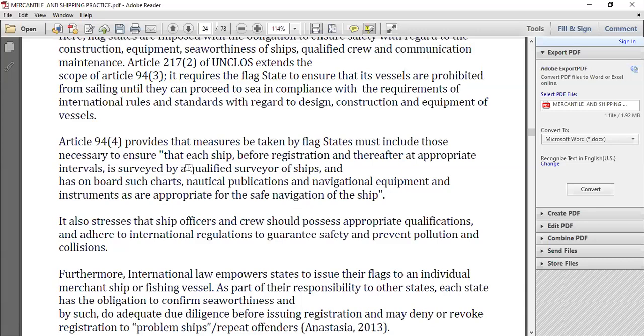They check that items on board, such as the charts, are functioning, nautical publications are up to date, navigational equipment is well maintained, and the instruments are appropriate for the safe navigation of the ship. It also stresses that ship officers and the crew should possess appropriate qualifications and adhere to international regulations to guarantee safety and prevent pollution and collisions.